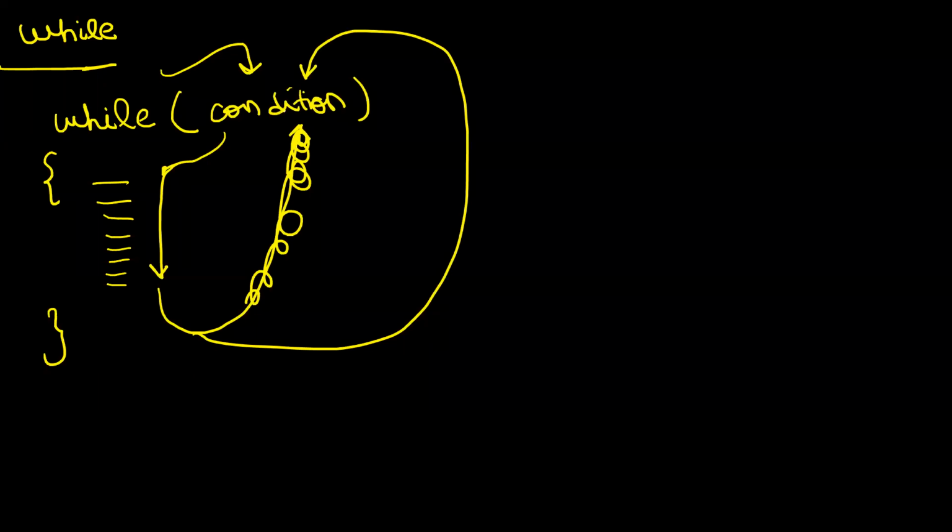If the condition evaluates to true, you enter inside, execute all the lines of code. Again, you go back, check the condition. The moment it becomes false, you will no longer enter the while loop. Okay, as simple as this.